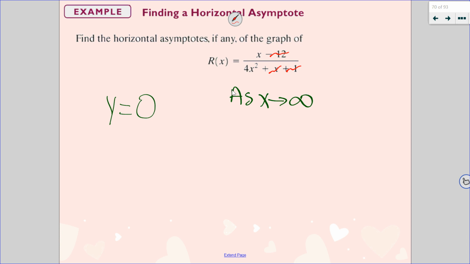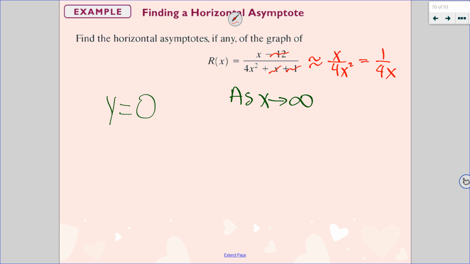So we have dominating terms in our numerator and our denominator, and those are the lead terms. So this is approximately x over 4x squared, which is 1 over 4x.